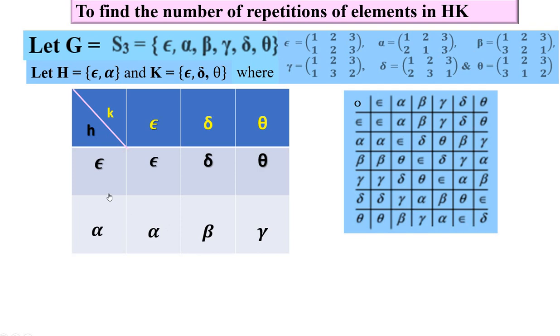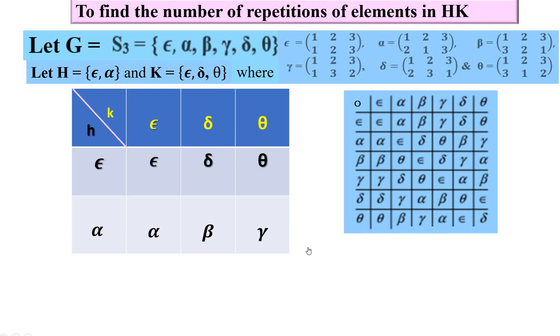So when we compute this, I have considered capital H to be epsilon alpha. So epsilon alpha are the values taken by H, and epsilon delta theta the values taken by K. When we consider this product, we make use of this table to fill up these cells. Epsilon with all these elements gives us epsilon delta theta, very obvious. And alpha with epsilon is alpha, alpha with delta is beta, and alpha with theta is gamma.